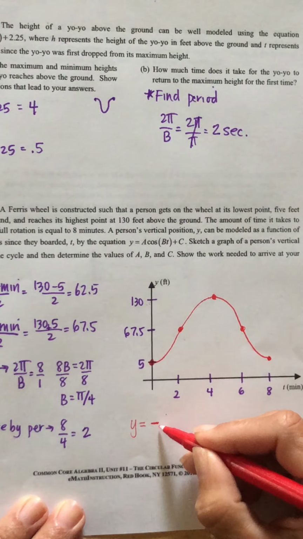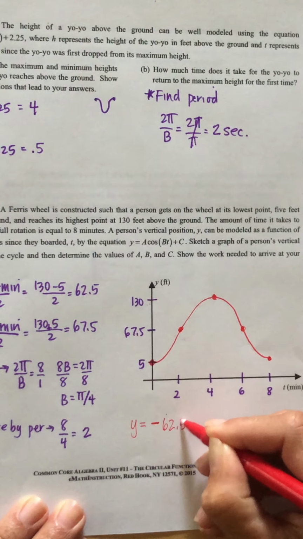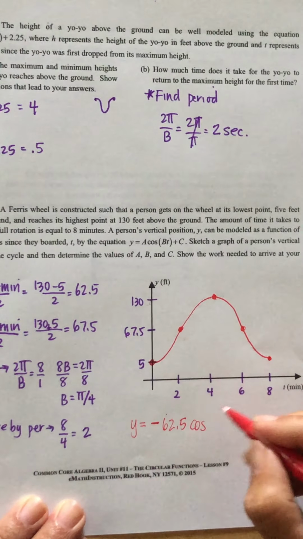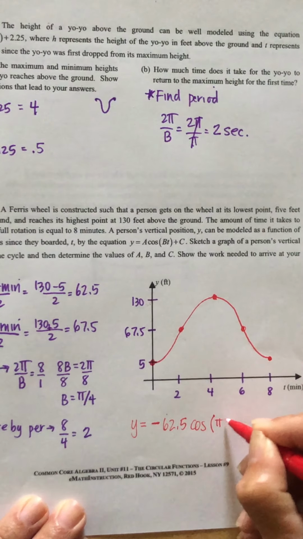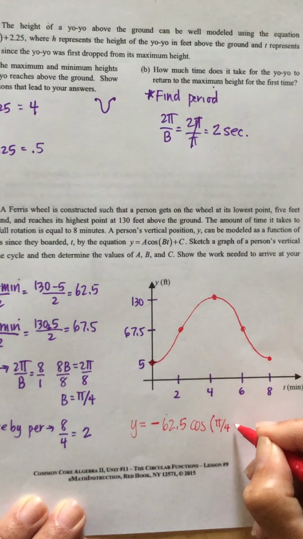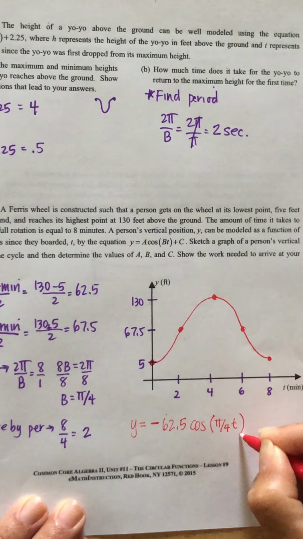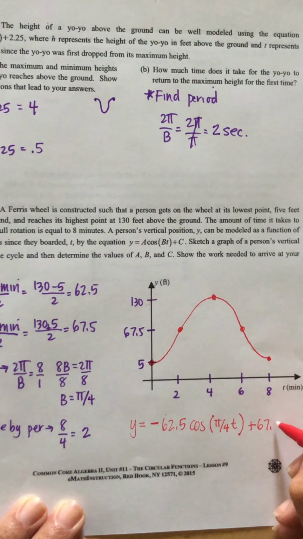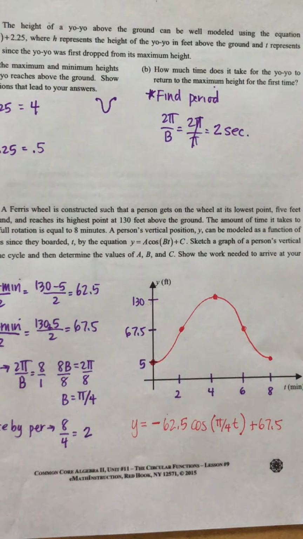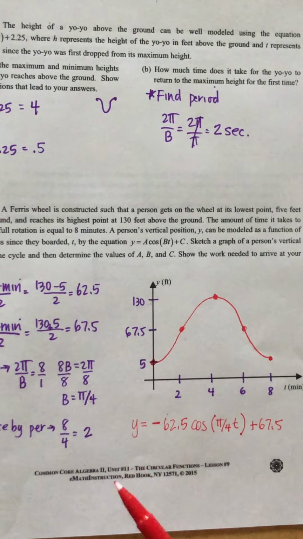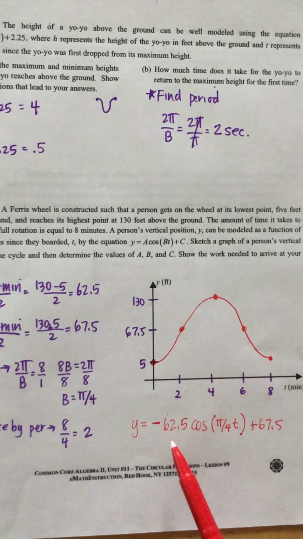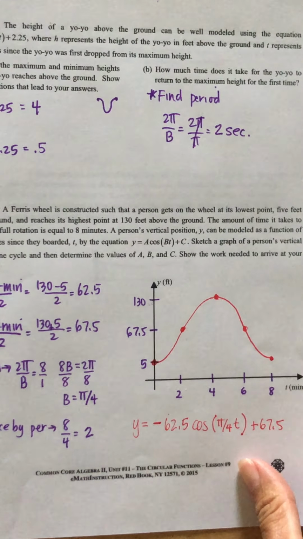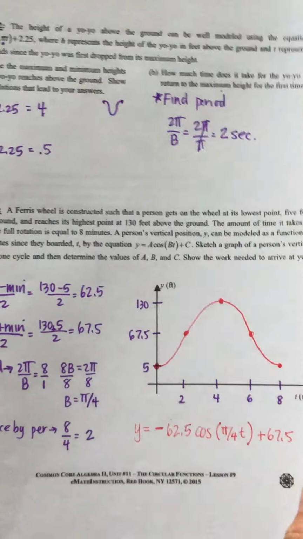So a negative A value, 62.5, cosine, our B value is pi over 4 times t, plus our C value of 67.5. So that wasn't too bad. We were able to use our brains to set up the graph, it made sense, and then we made an equation out of it. Okay? All right, almost done, almost done.